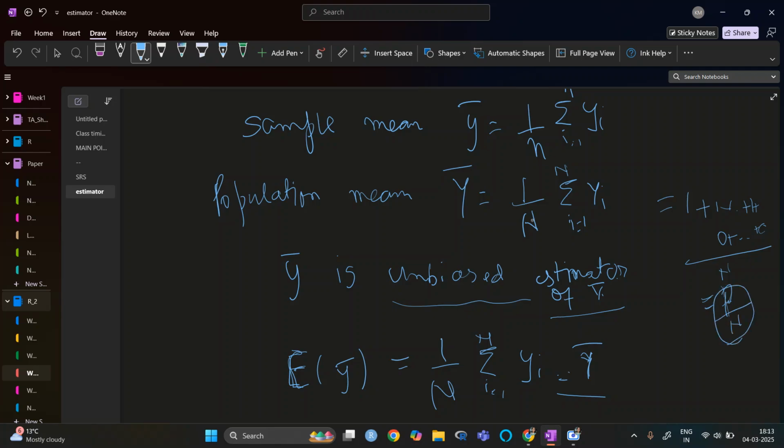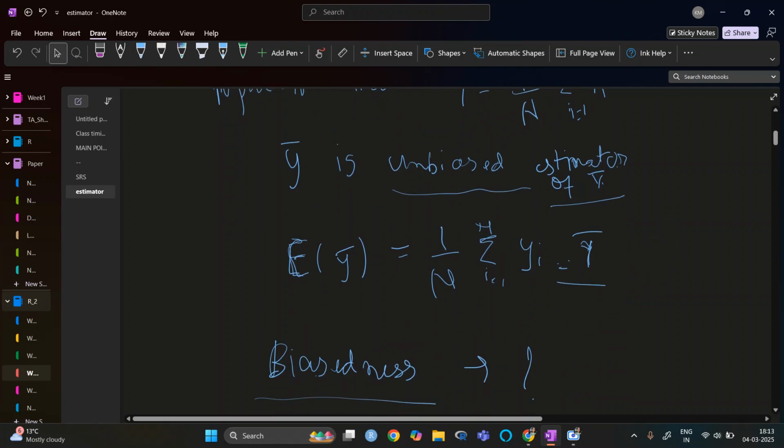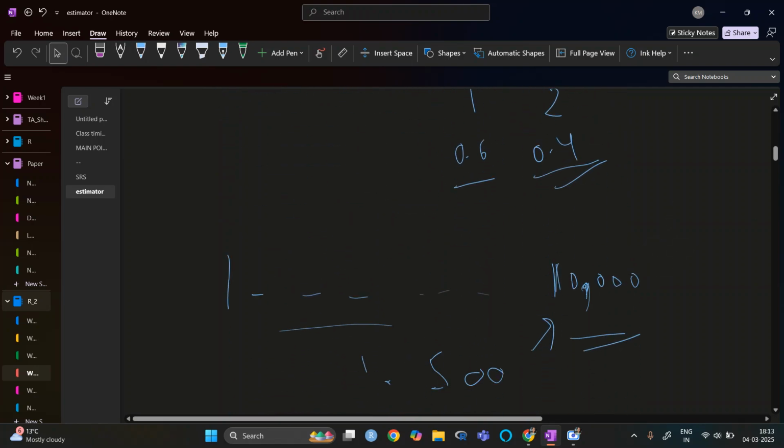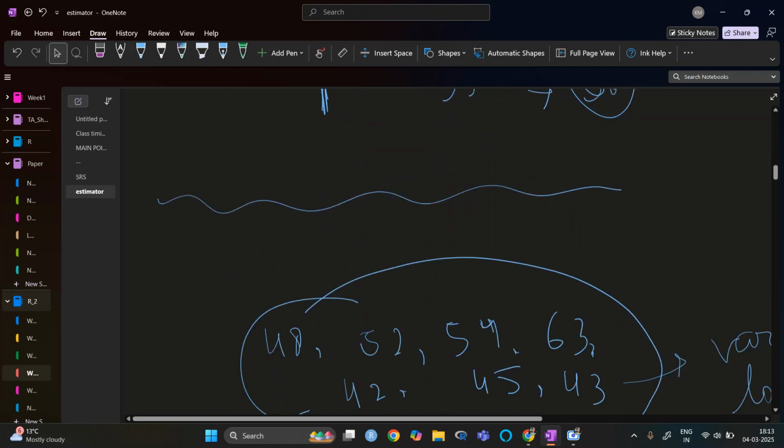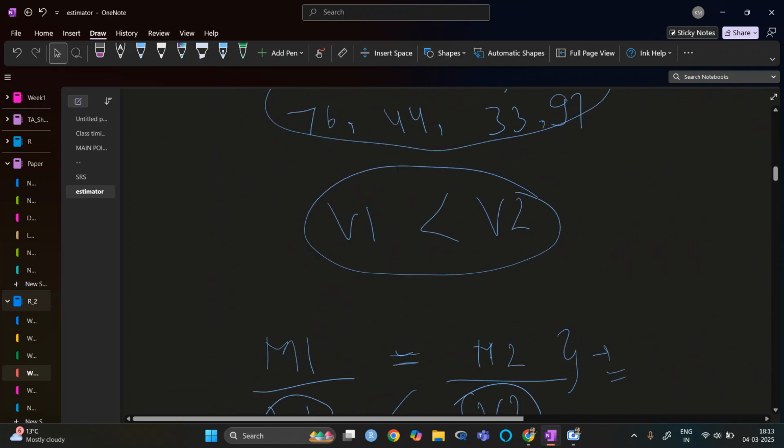No, sorry, that will be m, so this one will be p. So here also we are seeing that small y bar is p, the average one, and here also the small y bar is an unbiased estimator of y bar.